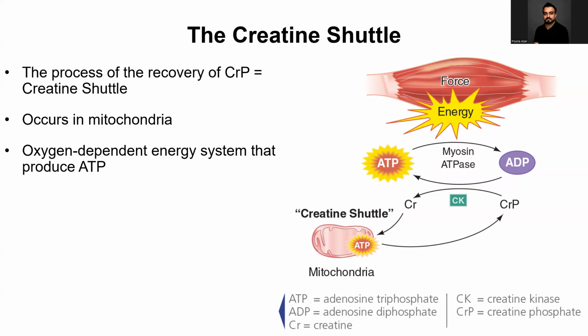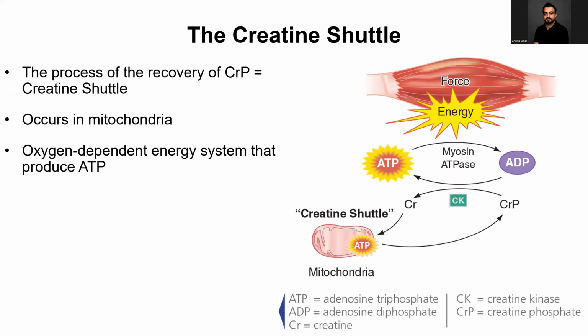It's an oxygen-dependent energy system that produces ATP. So whenever an oxygen-dependent energy system produces ATP, that ATP is used to replenish and recover creatine and convert it to creatine phosphate, which can be used for later.